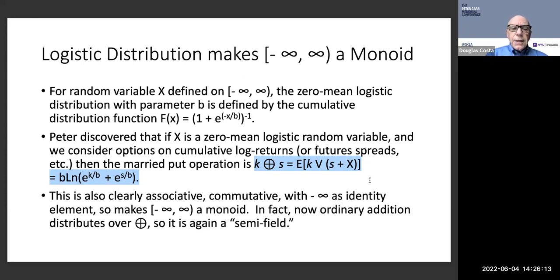And algebraically, again, we see patently that this is associative, commutative, and now negative infinity is the identity element, so it's a monoid, and in fact, ordinary addition now distributes over this pseudo sum, so it's again a semi-field.